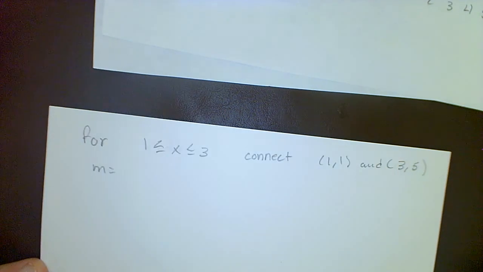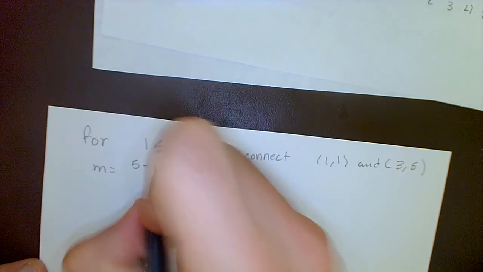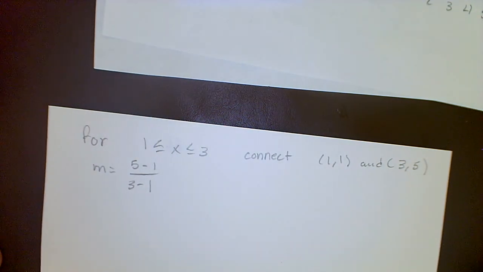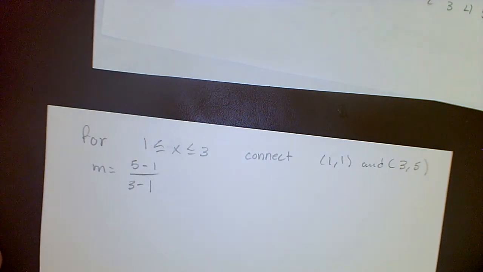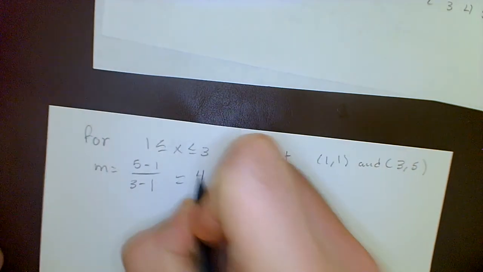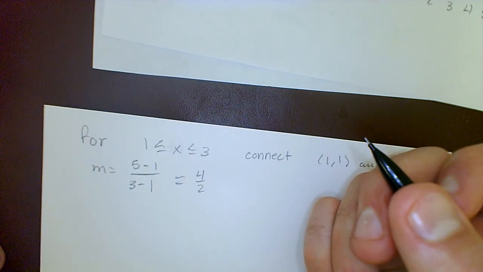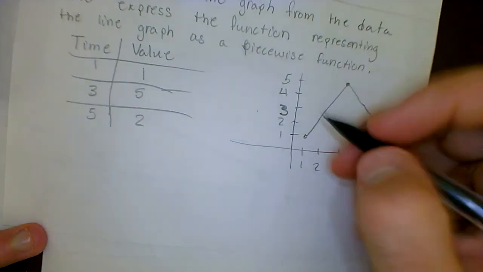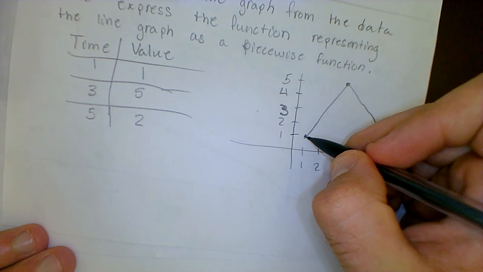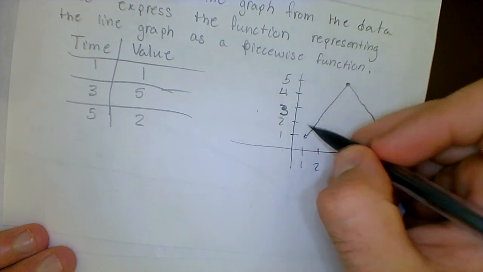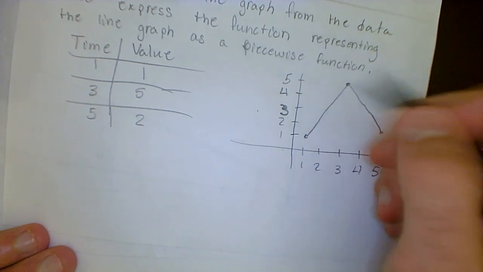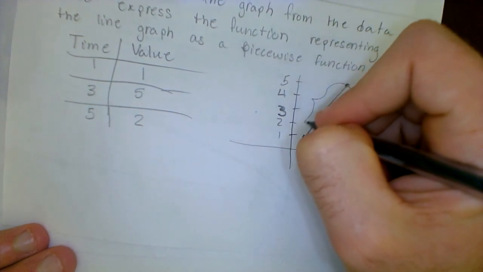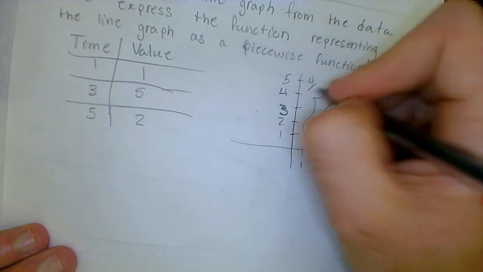That's our slope formula: 5 minus 1 divided by 3 minus 1. Okay, so that's equal to 4 over 2, right? So that's equal to 2. You could have also just seen that from the graph, right? If I go up 4 here and over 2, that tells me that the slope here is up 4 over 2, which is 2.